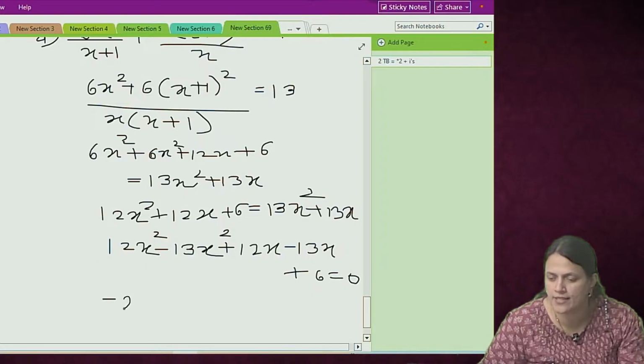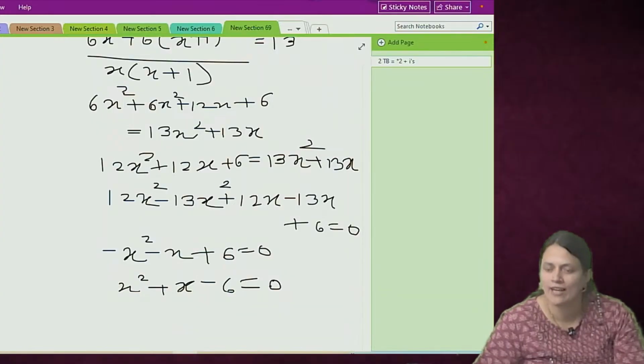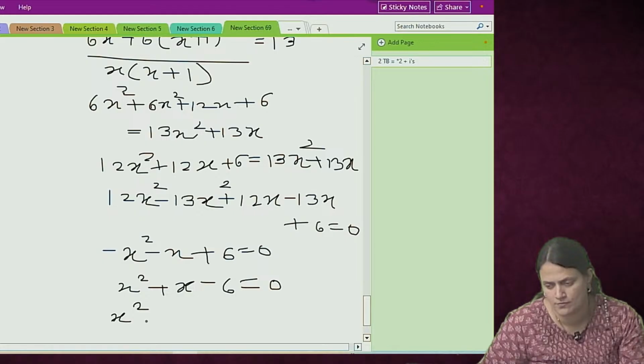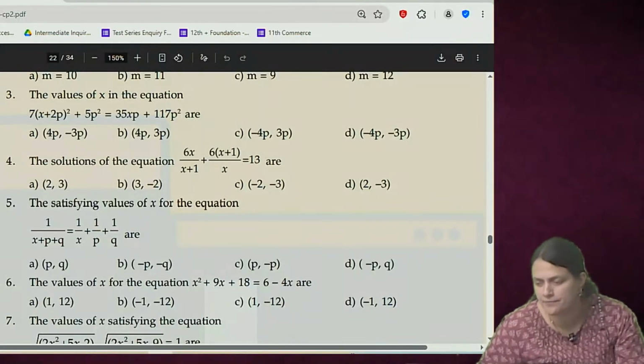So this will become -x² - x + 6, or I can write it down as x² + x - 6 is equal to 0. Factors. So 2, -3.